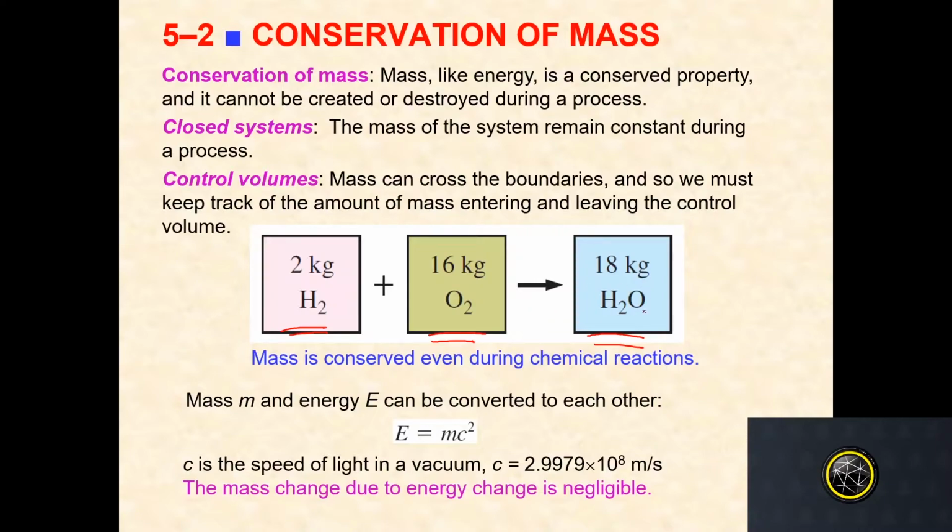But for sure, mass needs to be conserved. Mass and energy can be converted to each other. This very popular formula was found by Albert Einstein, where E equals mc squared, where c is the constant speed of light in a vacuum.